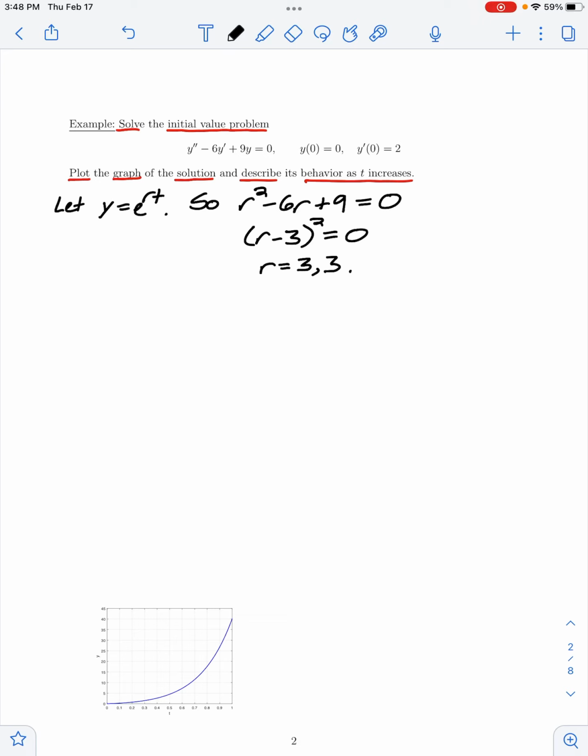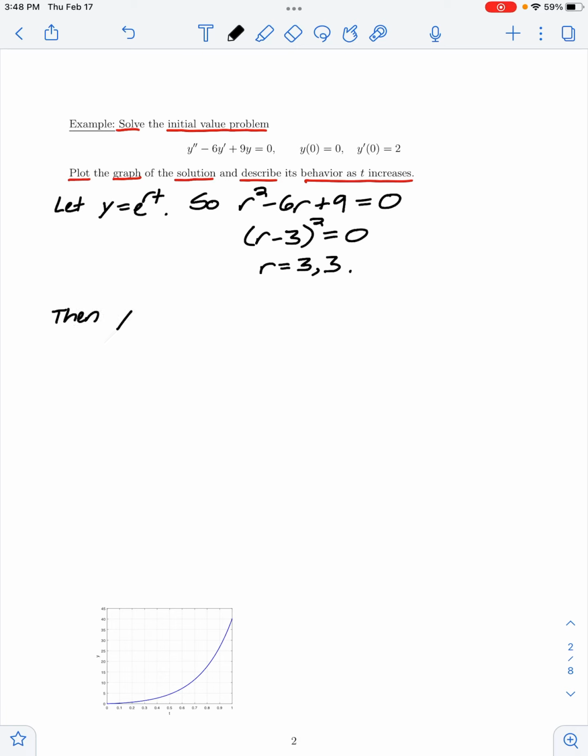So here, since I see both of my roots are positive, right away I know that my solution will either approach positive or negative infinity. To determine which one, we need to finish our problem. So here I've got the case of a repeated real root, r equals 3.